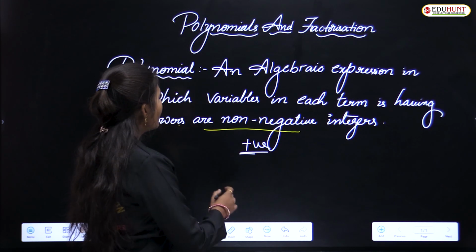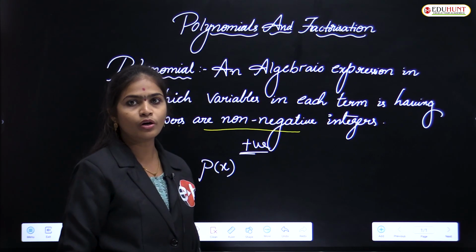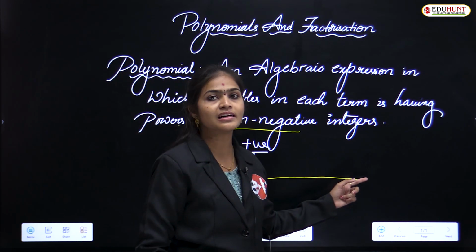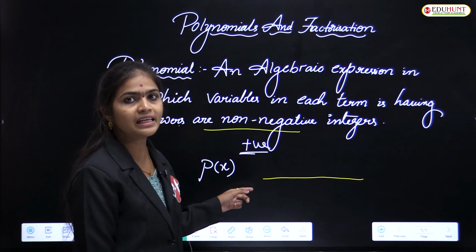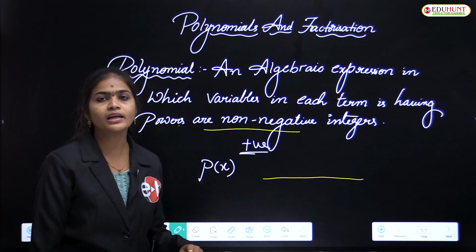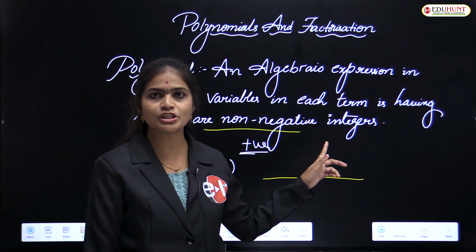Here we will represent a polynomial as p of x. So p of x means the polynomial is in terms of x. Polynomial in terms of x, that is the meaning of p of x. After that, I hope you understand the definition of polynomials.